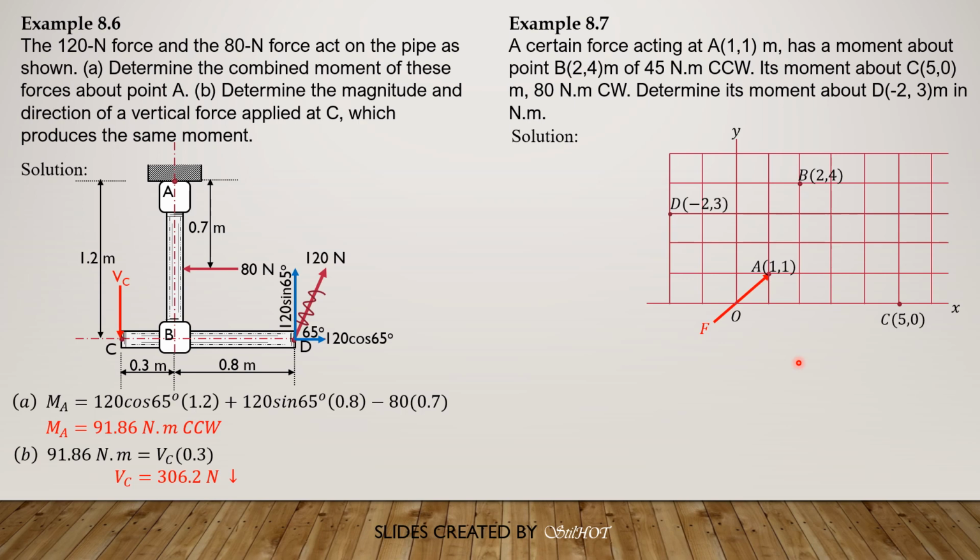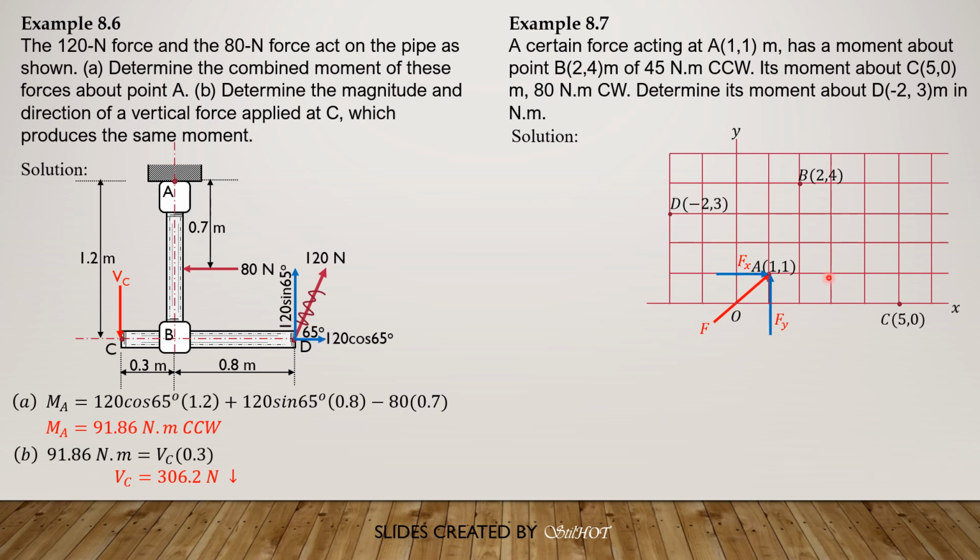Let's resolve it into x and y components. So we have Fx to the right and Fy upward. Now for moment about B, which is equal to 45 Newton meter counterclockwise, Fx is counterclockwise, then Fy is clockwise. So let's consider moment of Fx to be positive because it is counterclockwise, and moment of Fy as negative.